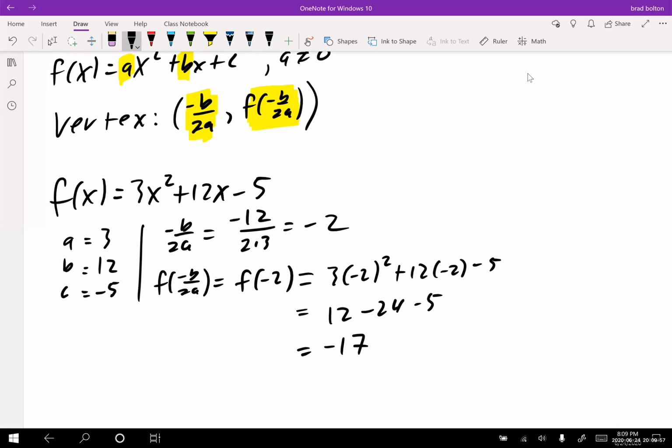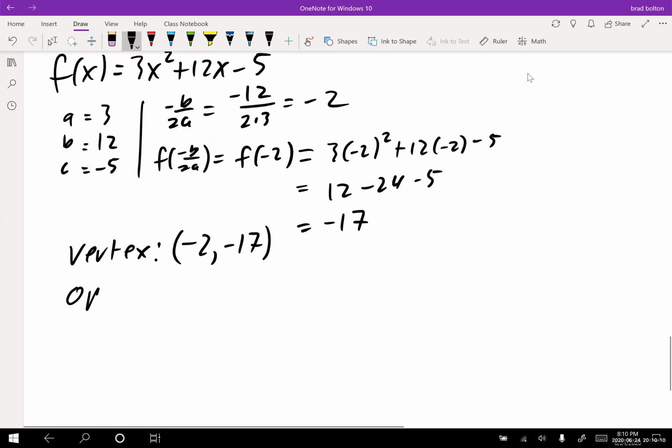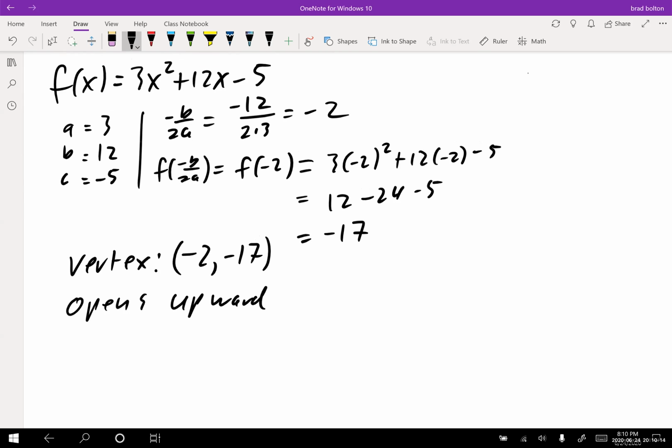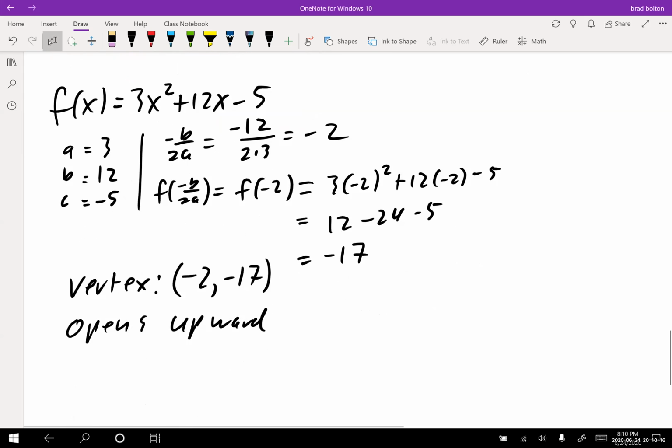Now we need a little bit more information, because even though we have the vertex, which is negative 2 comma negative 17, we know it opens upward, because a is a positive number.